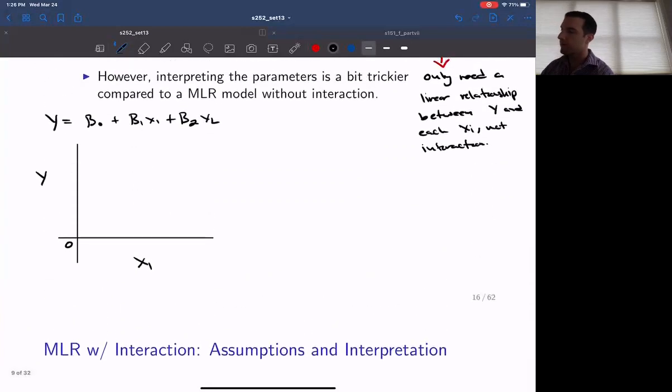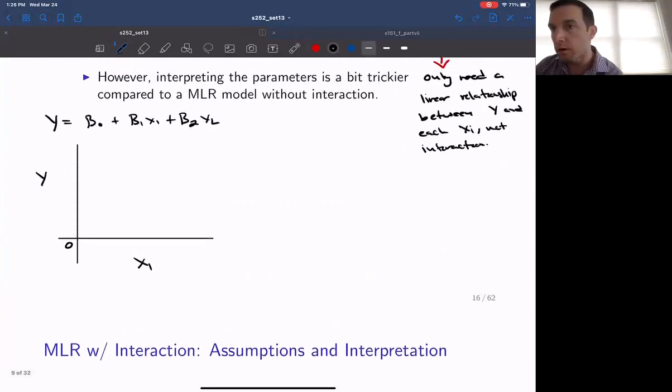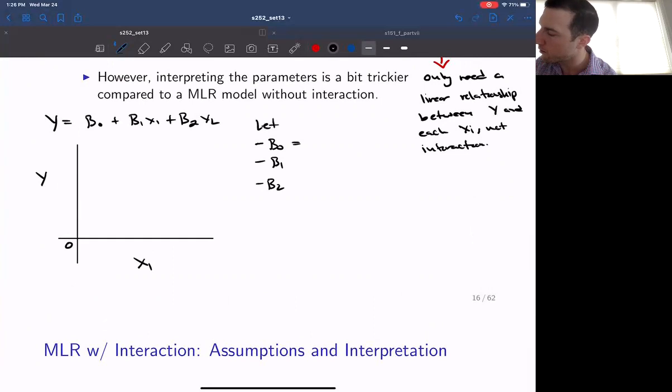All right, so what I want to illustrate here is the relationship between y and x1 for this first model. Okay, so we have beta 0, beta 1, beta 2. Let beta 0 equal 3 and beta 2 equal 0 in the first case.